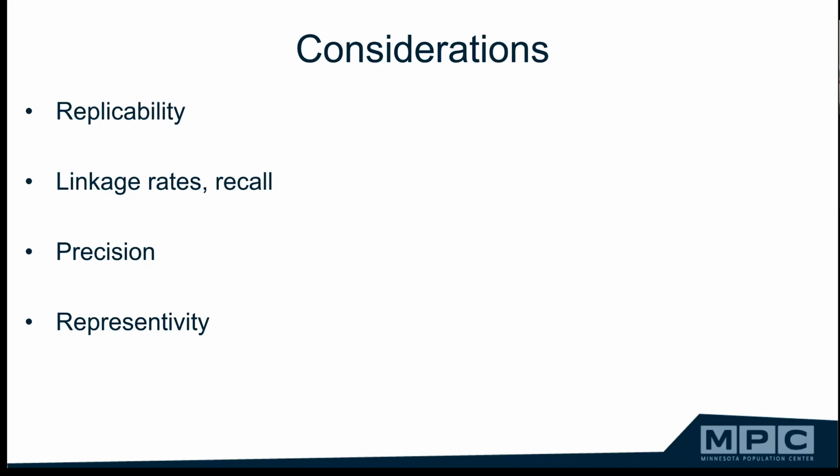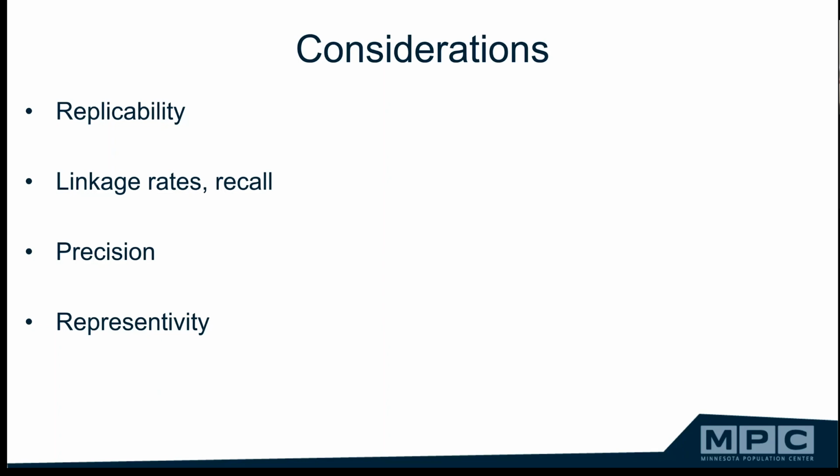There are a number of different considerations to take into account when it comes to evaluating different ways to do linking. One important one, which is always the case in research, is replicability, right? Is it possible for anyone else to just replicate what you're doing?